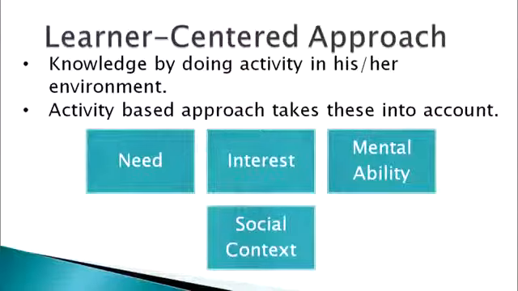So that is according to the mental ability of the child. If I take storytelling as an activity, then I will do an activity according to the mental ability of my child. And then there is social context. We do activities which are relevant to the social context of the child. They are useful to the child and they are also not very foreign for the child.